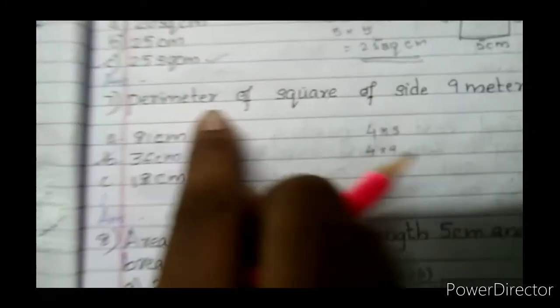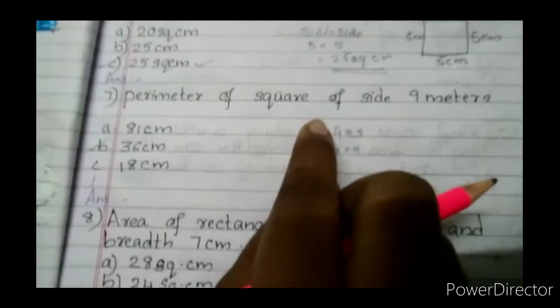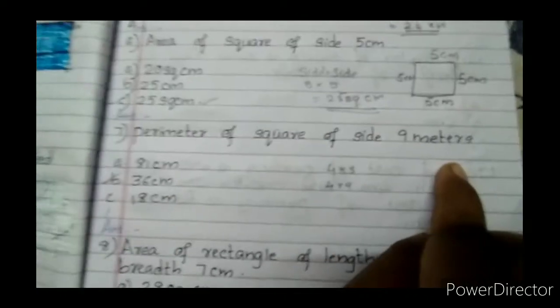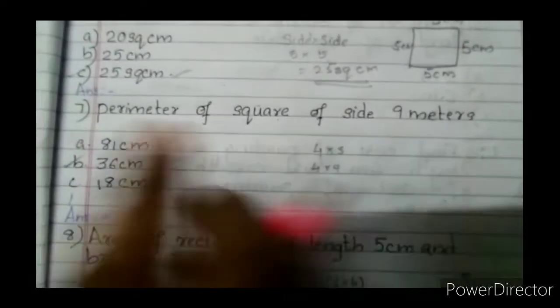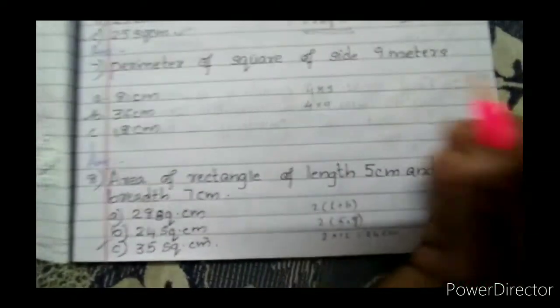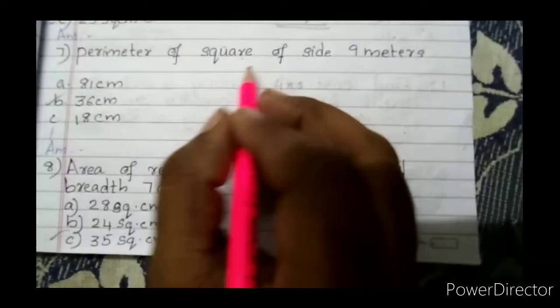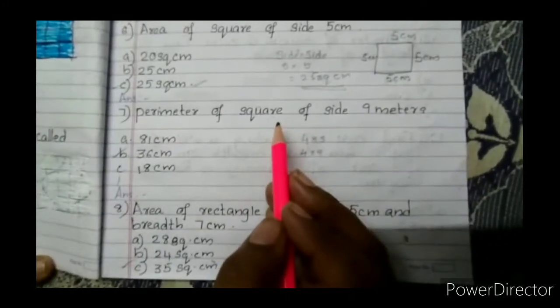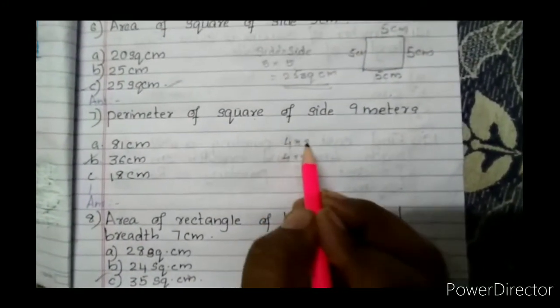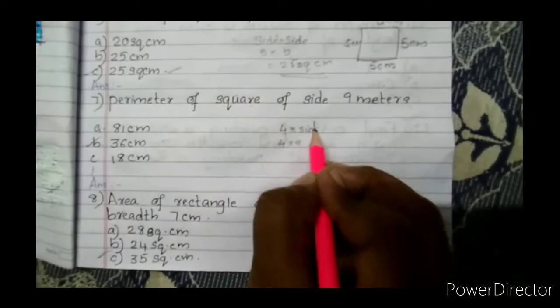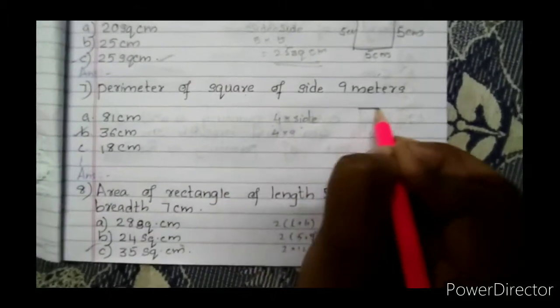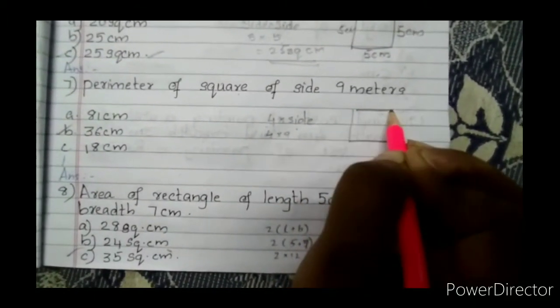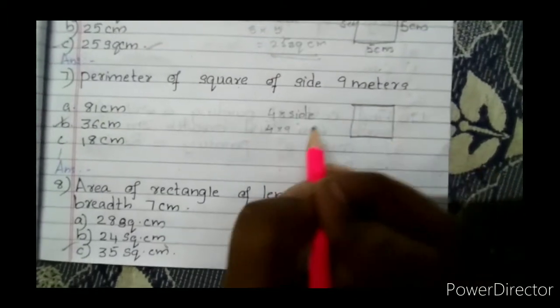Seventh question. The perimeter of a square of side 9 meters. Okay. What's the equation of perimeter of a square? 4 into side. This is a square.